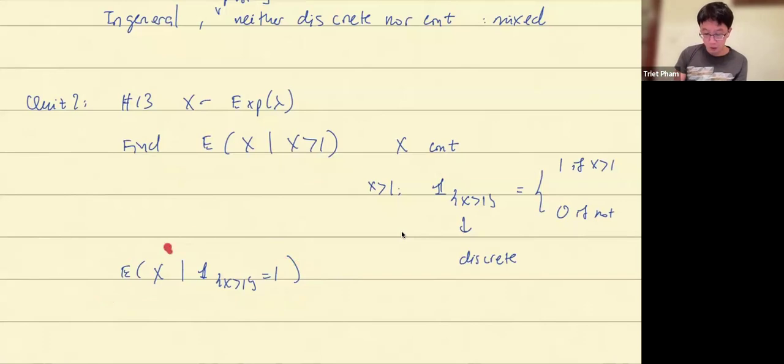You can do the joint between x and this indicator function, but it's not going to be a joint density because this guy has no density. Technically, you can't really do a joint probability in the sense of x equal to x, because this guy is continuous, so x equal to x is probability 0.